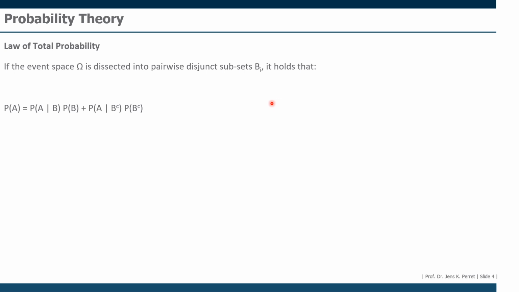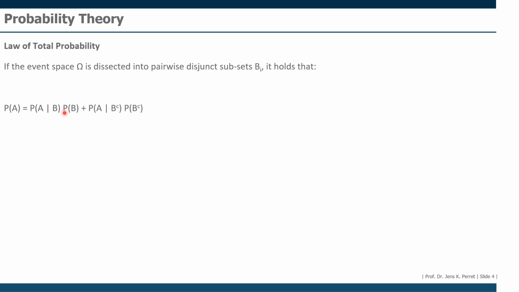If this holds true, then, in the easiest way, we could say that this probability holds as well, that A is simply the combination of the two probabilities which we have here, which, if we consider our definition of the conditional probability from the last slide, is simply the probability that A and B happened, and A and not B happened.